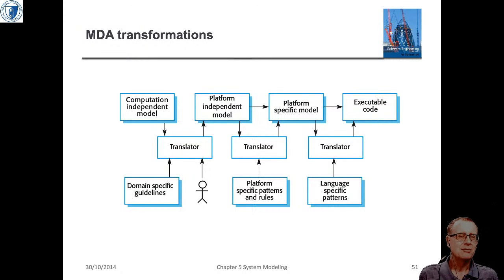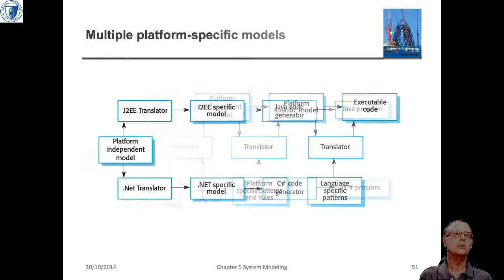You add some specific patterns and rules for a platform, which gets you the platform-specific model. And then once you've chosen the language, you add language-specific patterns to get executable code.